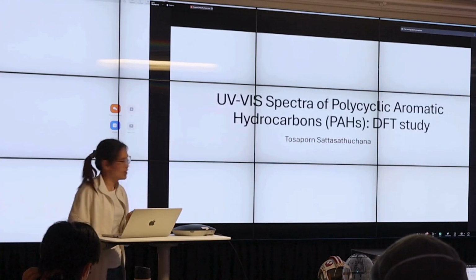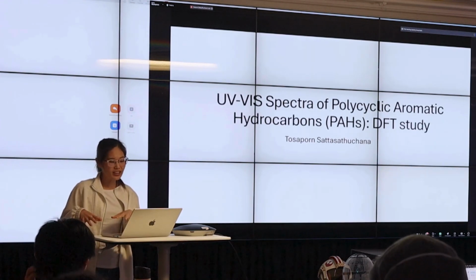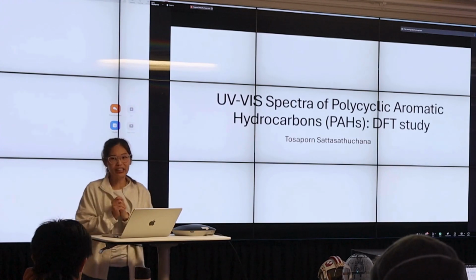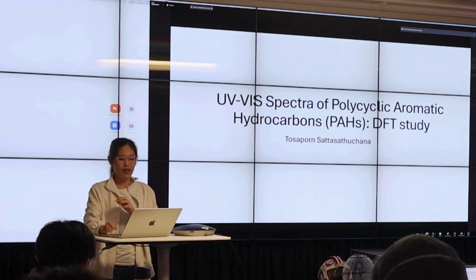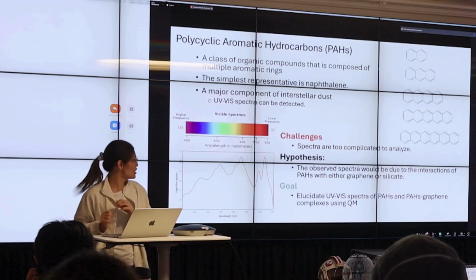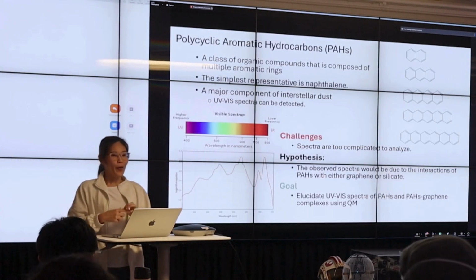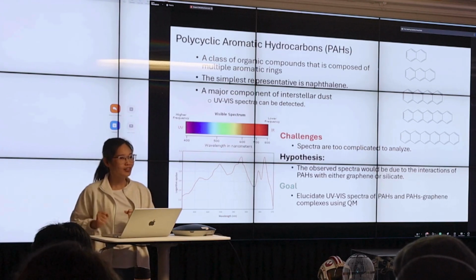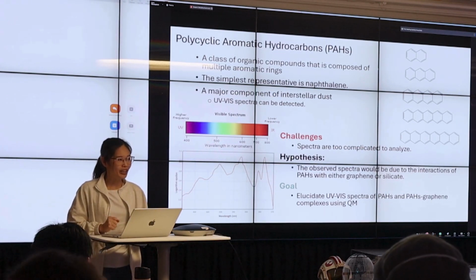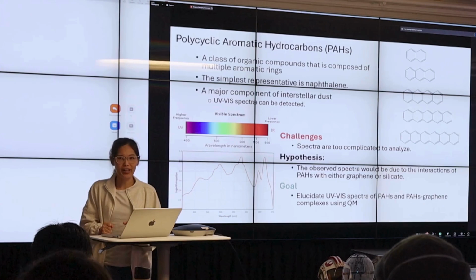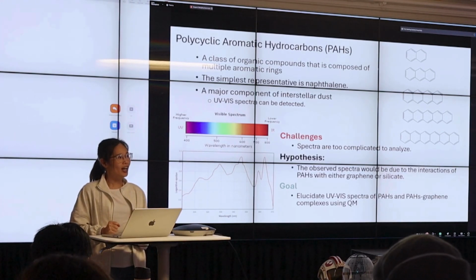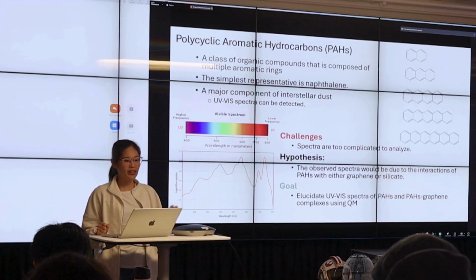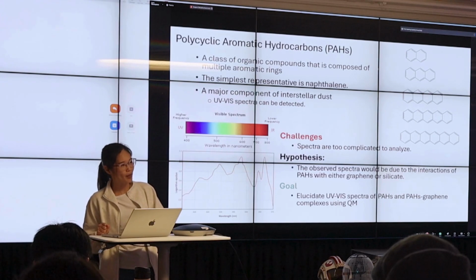For today's talk, it's my current research that I'm working on using Koa facilities, and this is a collaboration with Professor Ralph Kaiser. Once I joined UH, Ralph Kaiser stopped by and told me he had a problem from the experiment: he detected the UV spectra for the PAH, the polyaromatic hydrocarbons.